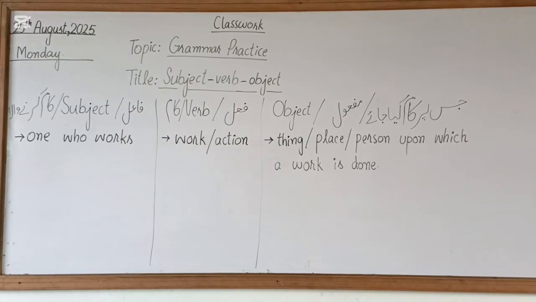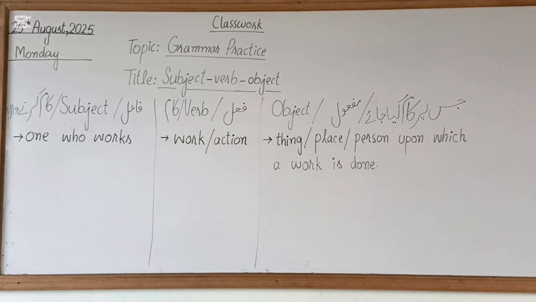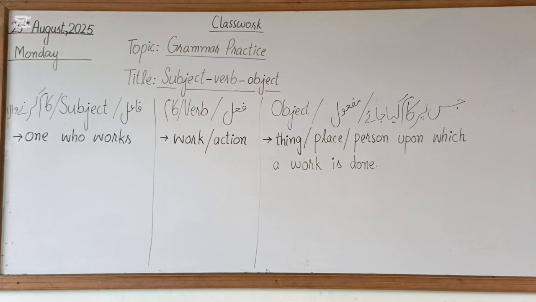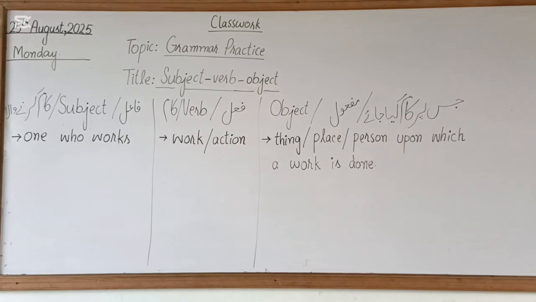I forgot to mention the animal, but anything, any place upon which a work is done is called an object. Okay, so I hope that you are clear. I am giving you the example of a sentence, writing under all these definitions, and then you all have to identify which is the verb, which is the subject, and which is the object.